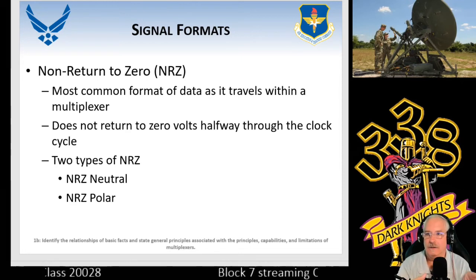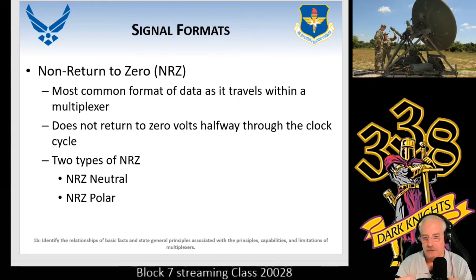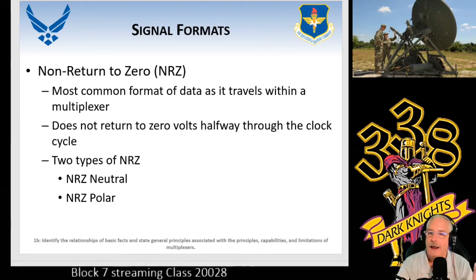NRZ, look at this first sentence. It is the most common format within a multiplexer. What does that mean? Well, let's just say that you've got 24 channels on a multiplexer. 24 plus users. Every one of those users could be a different signaling format.